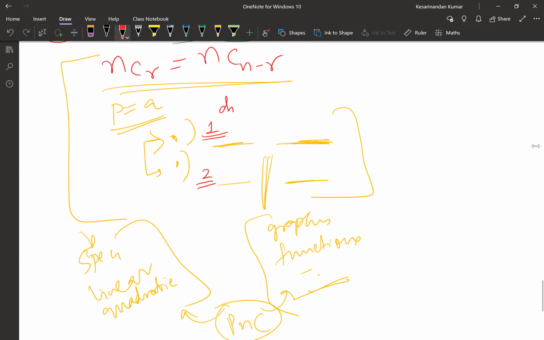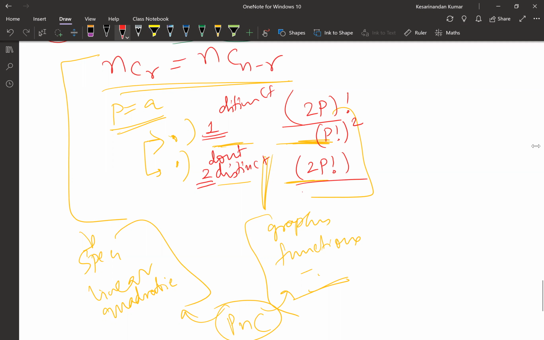Like I said, when they have distinct identity and when they do not have distinct identity, the formula would be, let's say P is equal to Q. So that would be, and when they are not distinct, this is your formula.